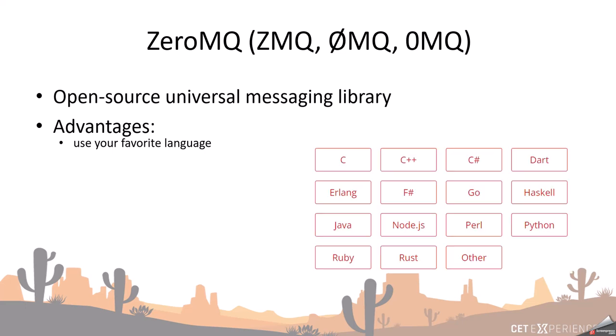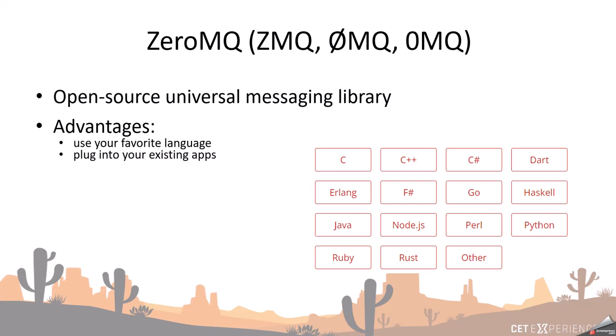ZMQ has been implemented in quite a few languages, so just about anything you want, it's out there. Just do a Google search for it and you'll find all of these. And on the official site for ZMQ as well, there's links to a library for these ones listed here at least.